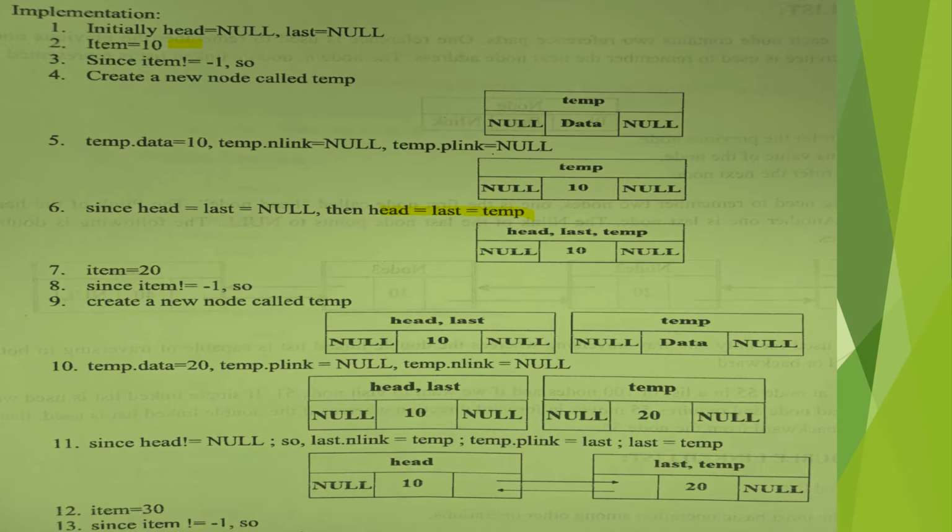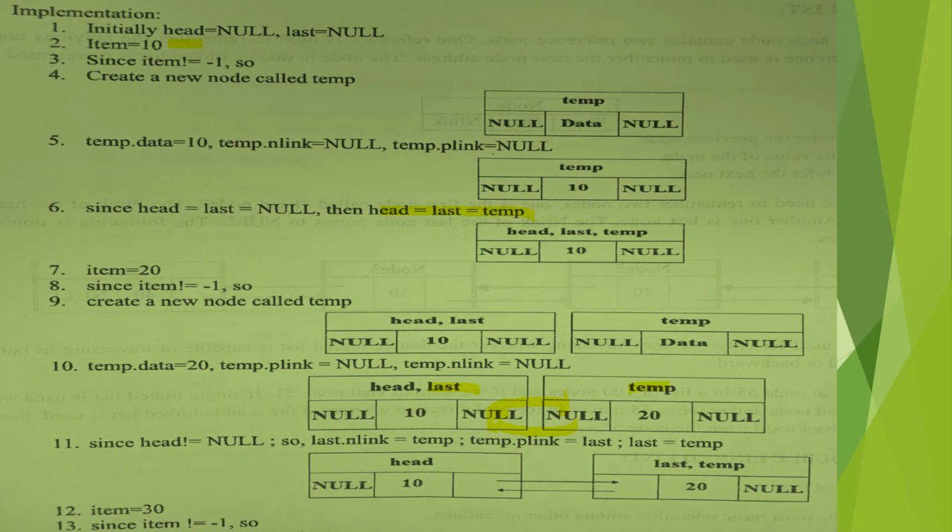Then I want to insert another element. Create a new node with data 20. Initially temp dot p link equal to null, temp dot n link equal to null, and we have to link the address of the head or last to temp and address of temp to this head, and we have to change this last to this.